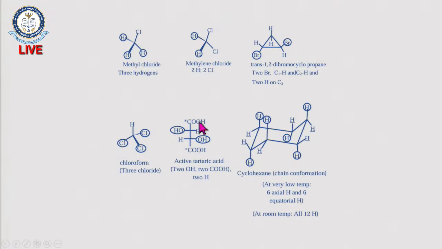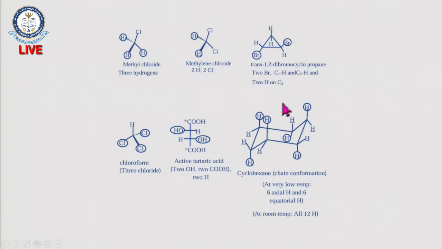And here the top acid group and bottom acid group are said to be homotopic, because in isolation these are the same. Structurally these are the same, so we call these homotopic ligands. If you take this cyclohexane, you can see a very interesting conformation.